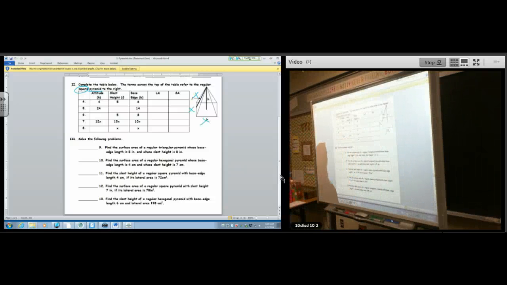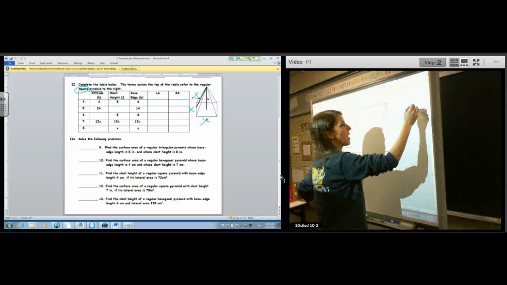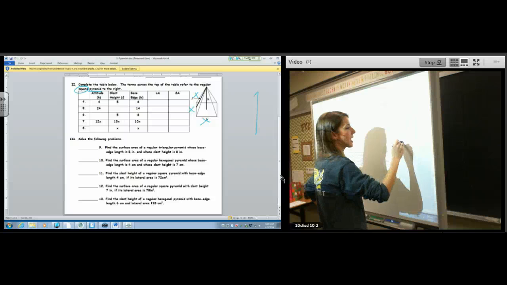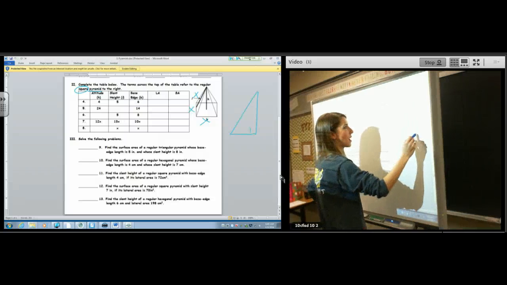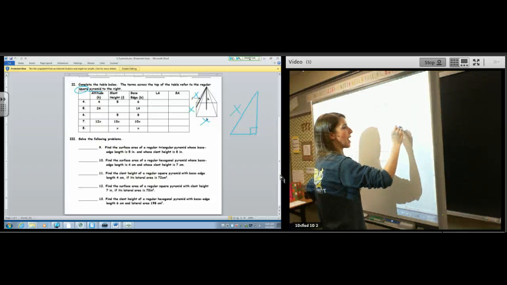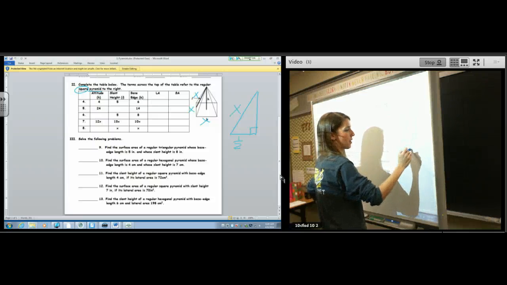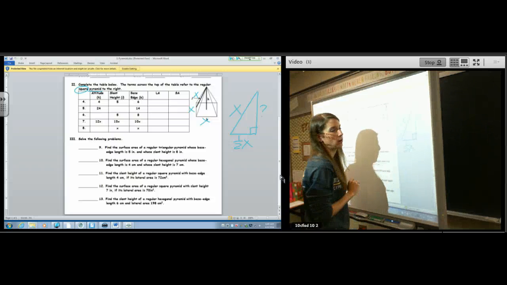Now we need to find the height. The height, the slant height, and the apothem form a right triangle. Here's the slant height, here's the apothem, and then that's what we're looking for.